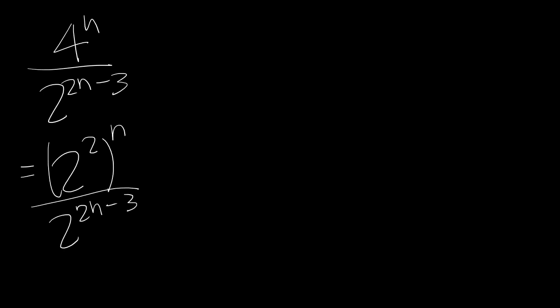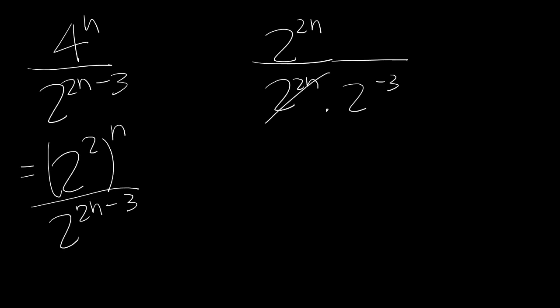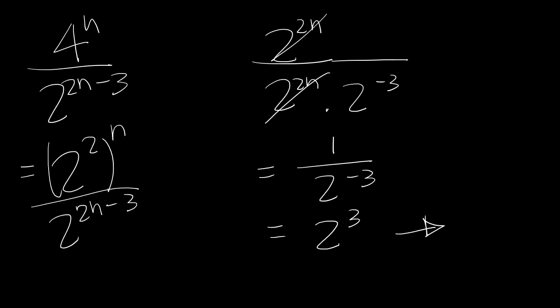Now we can clearly see that this will be 2^(2n) over 2^(2n). Let's separate this, 2 to the minus 3. This 2^(2n) cancels off and I'm left with 1 over 2^(-3), which will be 2 to the positive 3, and our answer will be 8.